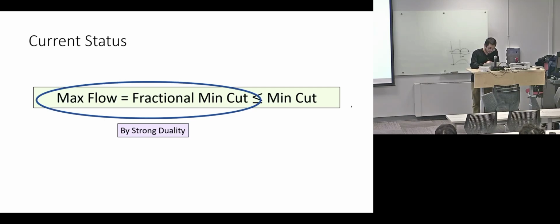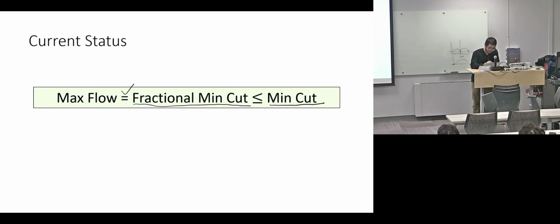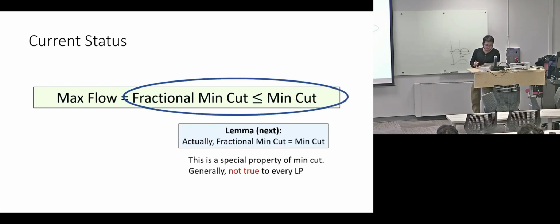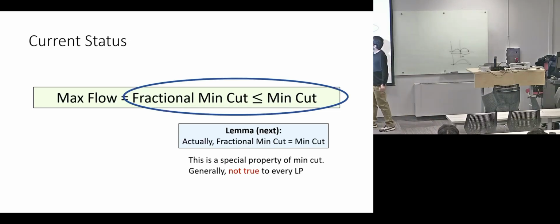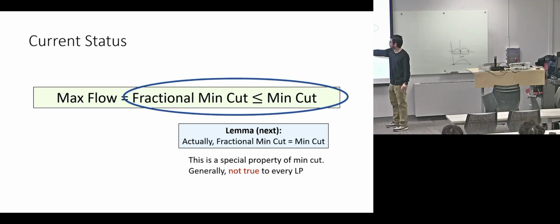We want to prove that these two are the same too, so that we would prove the max flow min cut theorem. Right now we just have one direction, but next I'm going to show you that they are actually the same. That is, fractional min cut is the same as min cut.